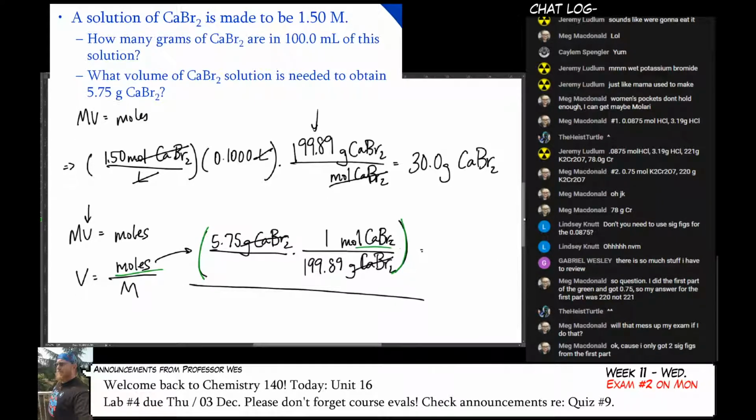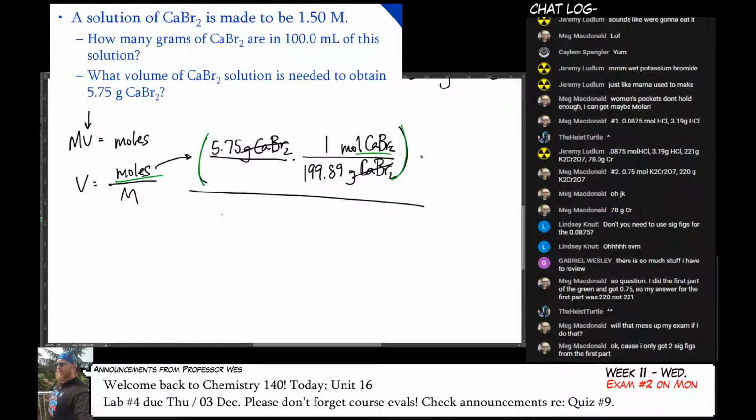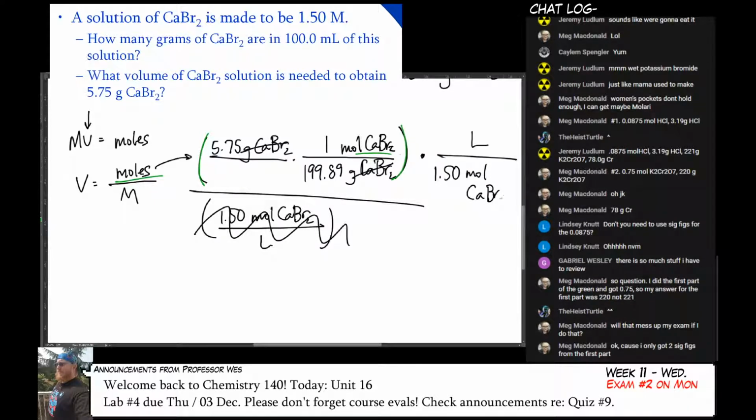I'm going to divide all of that by the molarity, which is 1.50 moles of CaBr2 per liter. Now remember, when you divide fractions, it's like multiplying by the reciprocal, so I could put this up here at the top instead and do it this way. And now you'll notice that this very obviously cancels out with this, leaving the only unit that I have left here.